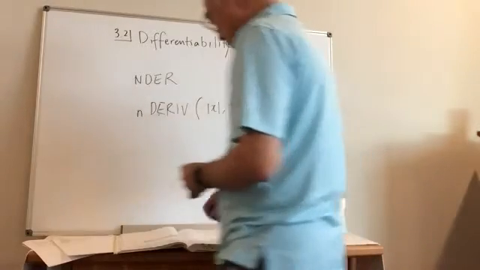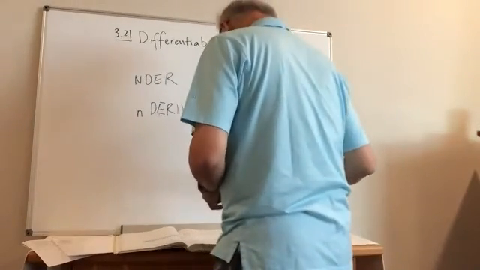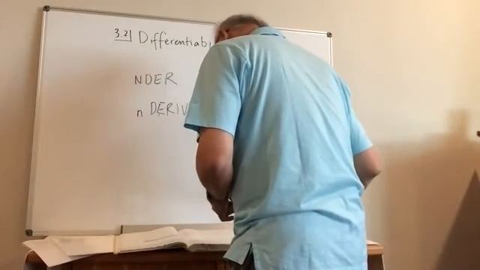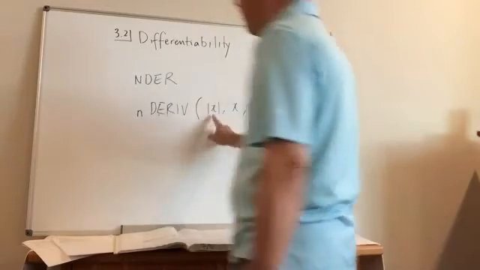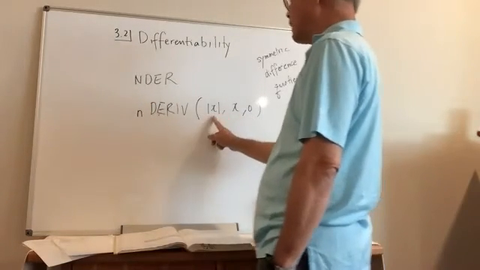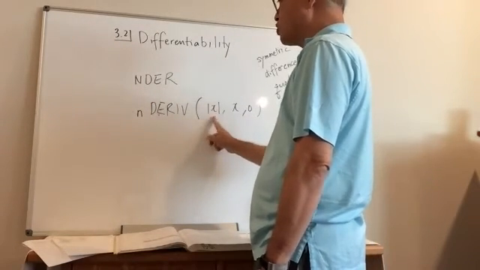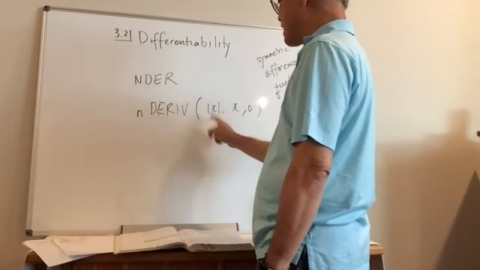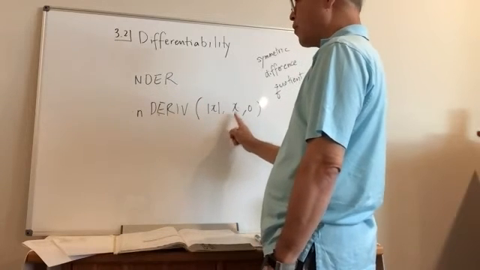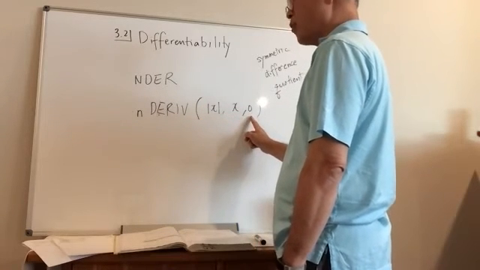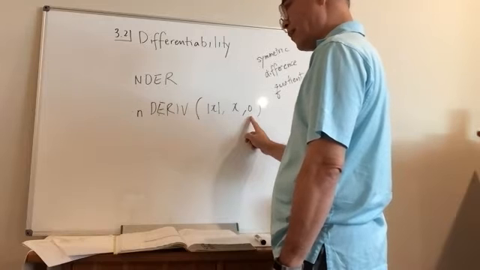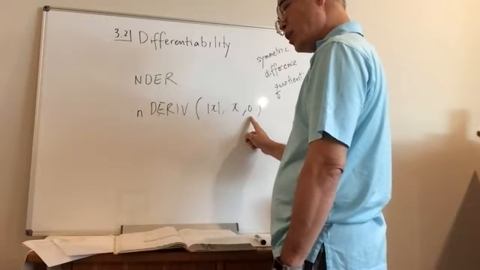It's in Math, number 8. Okay, so you have to input these 3 things. You have to tell it what your function is. This is the actual function itself. This is the variable. And this is the point where you want to find it.